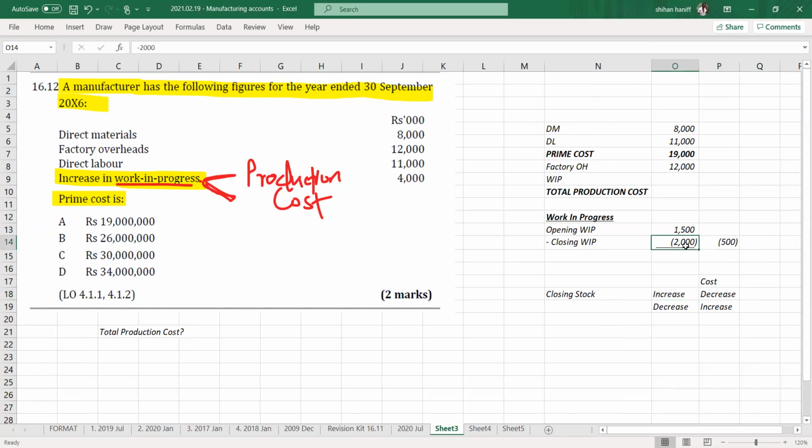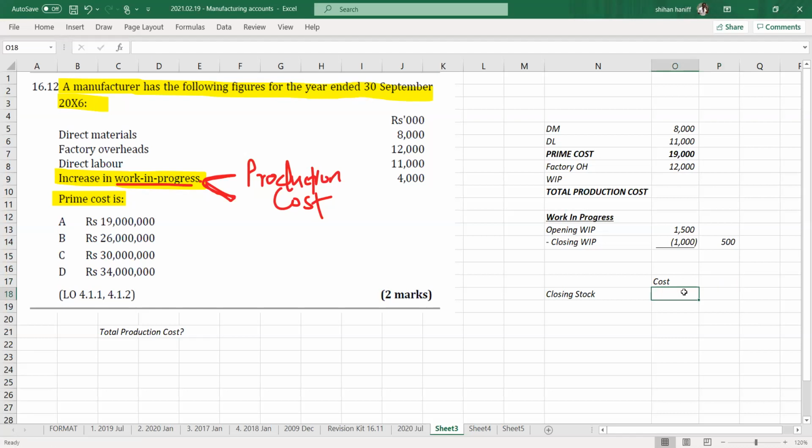If the closing stock decreased, let's say we take it 1,000, then what happens? Opening is 1,500, closing is 1,000. If the closing stock decreases, cost is increasing. So remember, there is a negative relationship between cost and the closing stock.